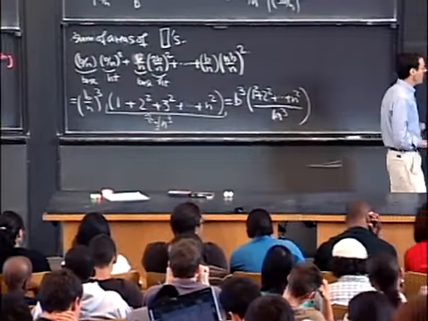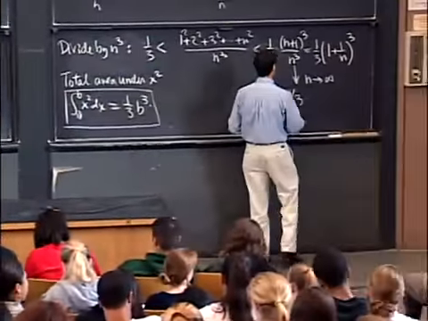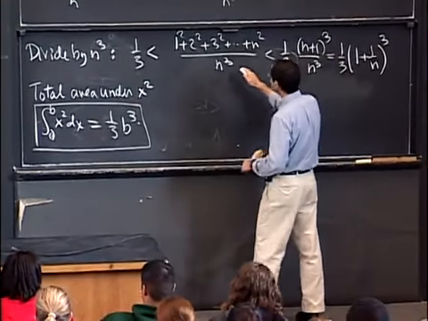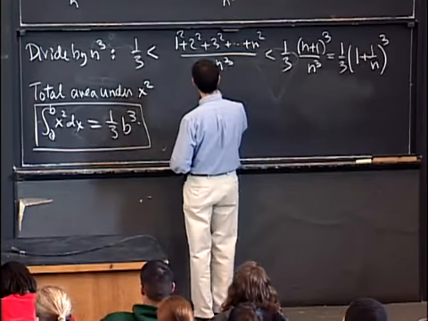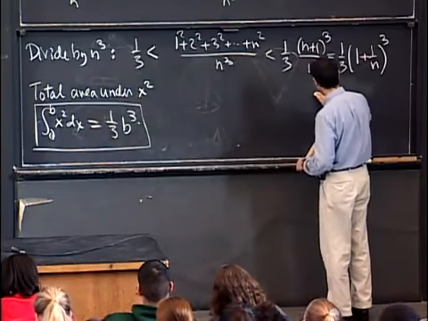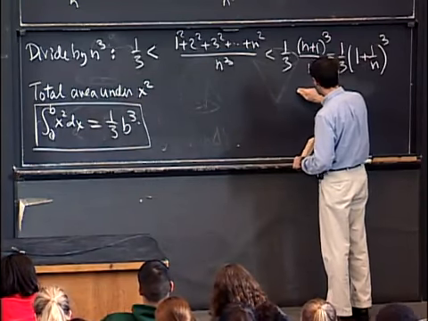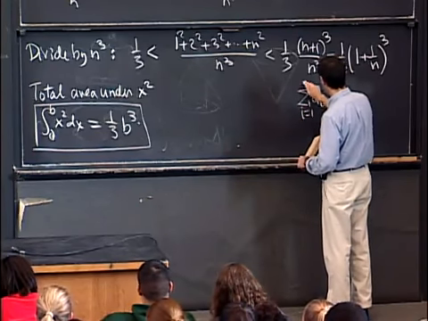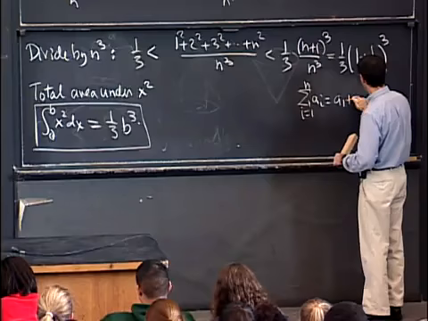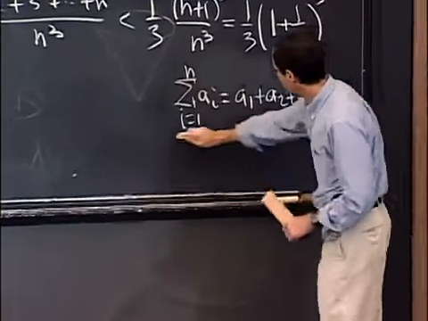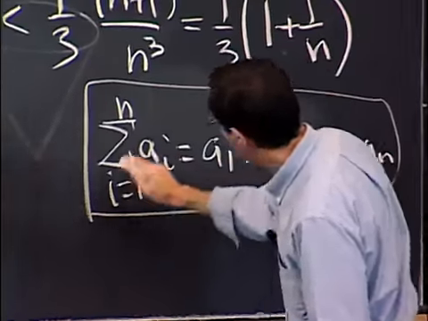The idea of summation notation is the following. I'll illustrate it with an example first. The general notation is the sum of a_i, i equals 1 to n, is a1 plus a2 plus ... plus an. So this is the abbreviation.